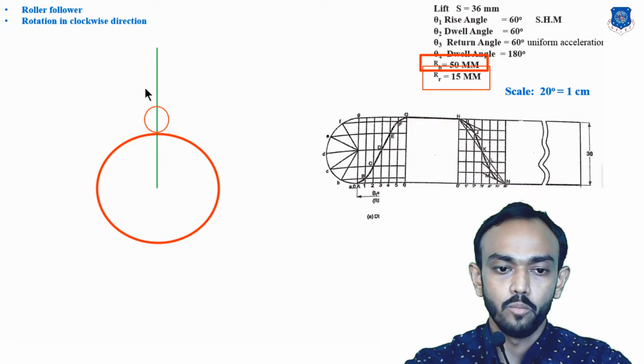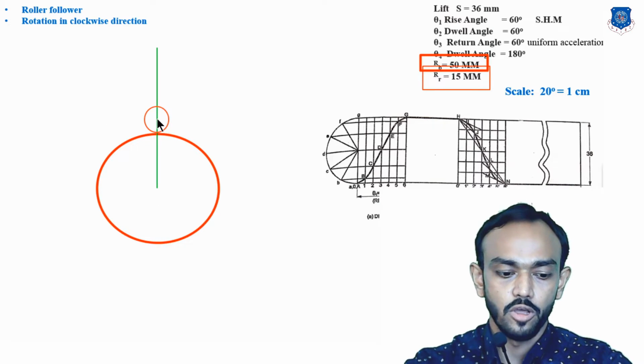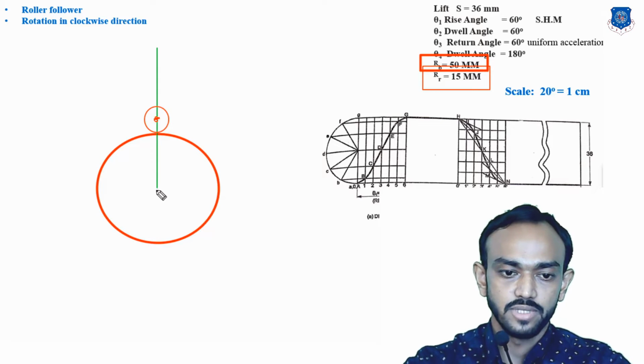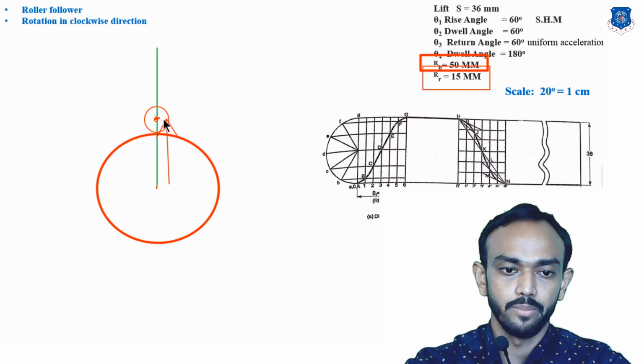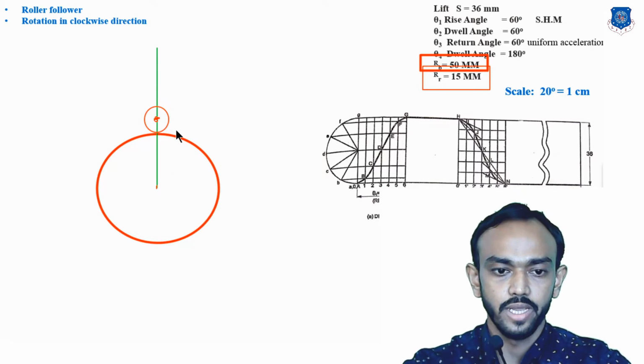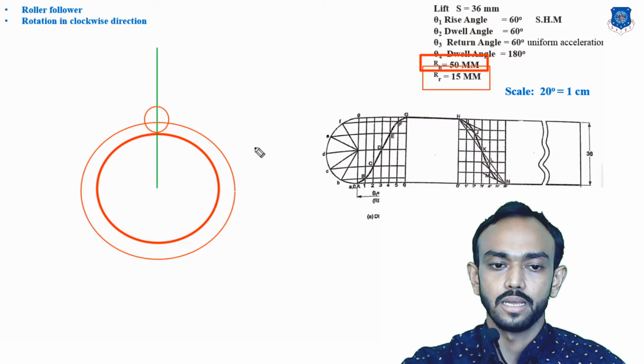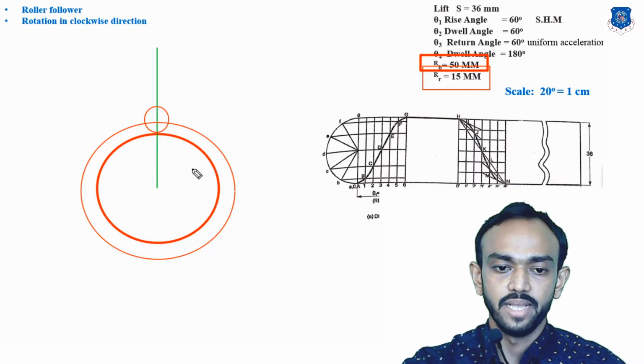Now make another circle from the center of the roller, with radius up to this point. This is the base circle, and you draw the circle from the center of this first roller.